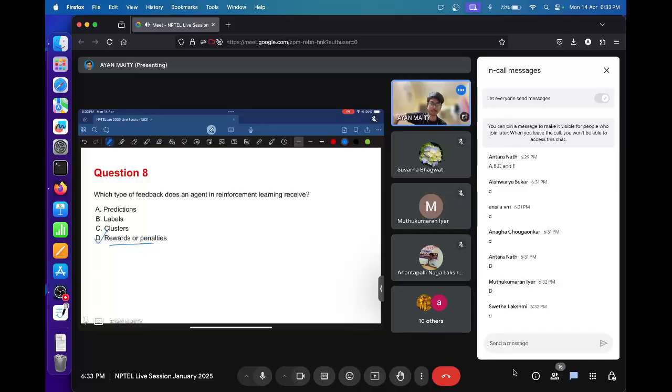Okay, I lost my internet connection for a while. Now it's back. So in reinforcement learning, the agent at a given state takes some action. Based on that action, the agent receives some reward or penalty from the environment. So that is the feedback it gets from the environment. So option D is the correct answer.